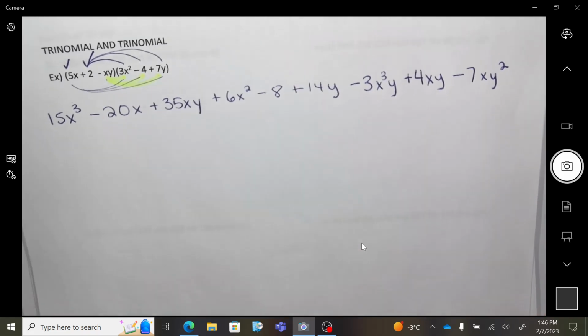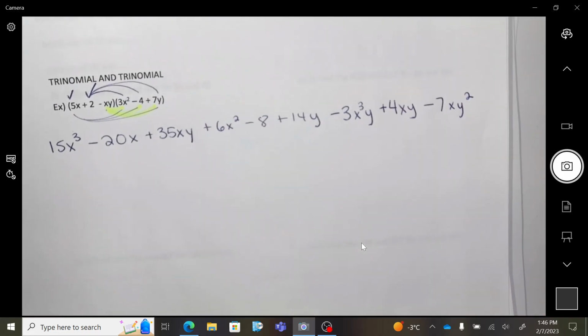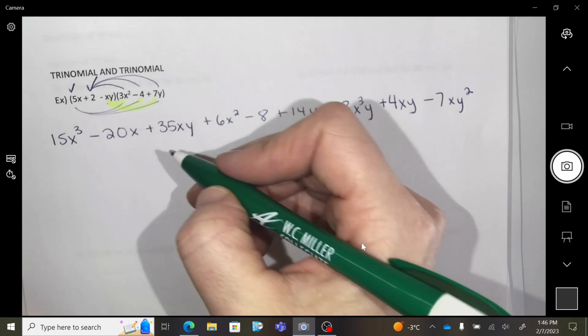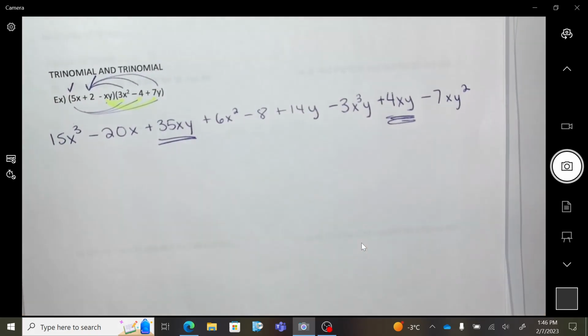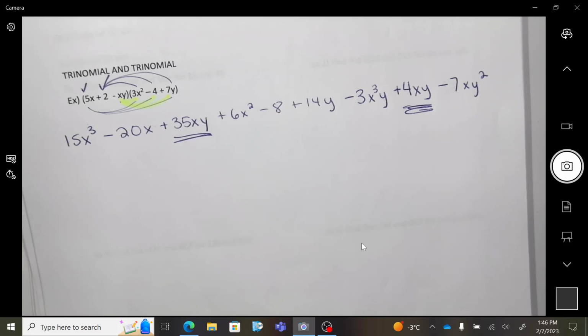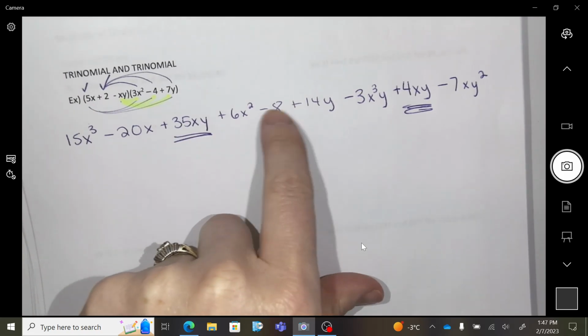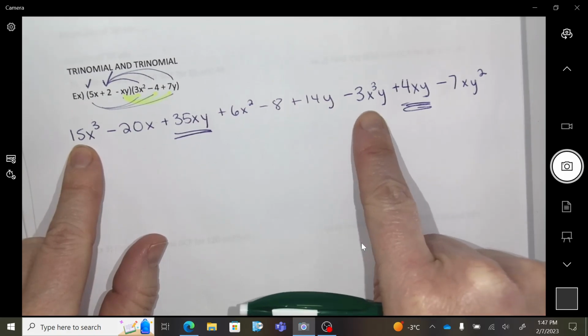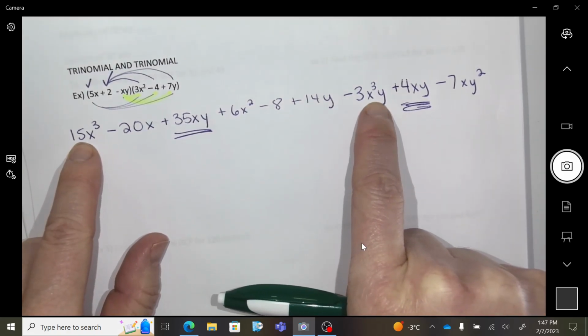Okay, long list here. Is there anything that looks the same? Those 2 things look the same. Those look the same. Is there anything else? I don't think so. Where am I looking? This one? And this one? Because this one has a Y attached on it.